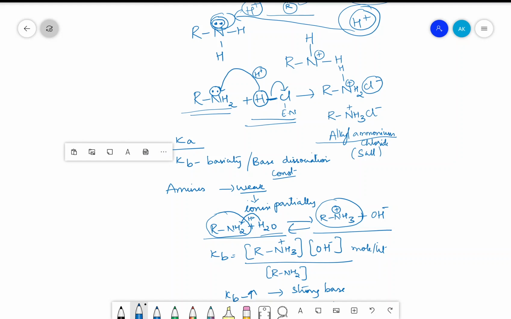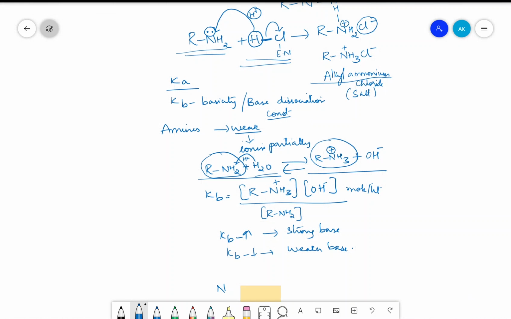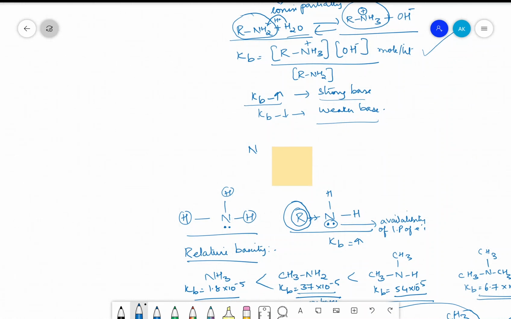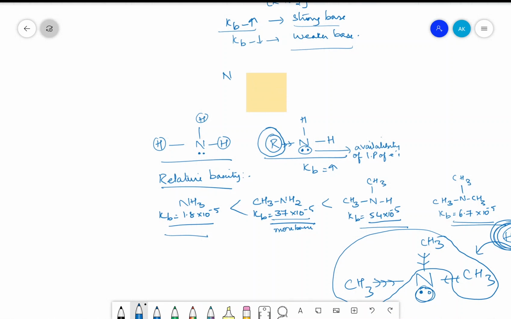Then we studied the basicity constant, which is governed by this particular reaction where a weak base reacts with water to give RNH3 plus OH minus, and the Kb value is represented in moles per liter here. Kb value helps us in deciding whether a base is stronger or weaker. And here we saw how ammonia is less basic than primary amines because of the electron donating R group, which increases the electron density on the nitrogen, thereby increasing the basicity.